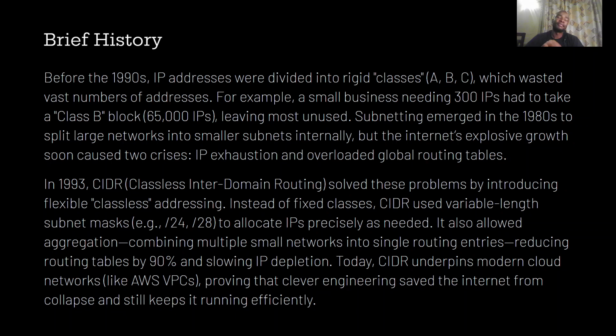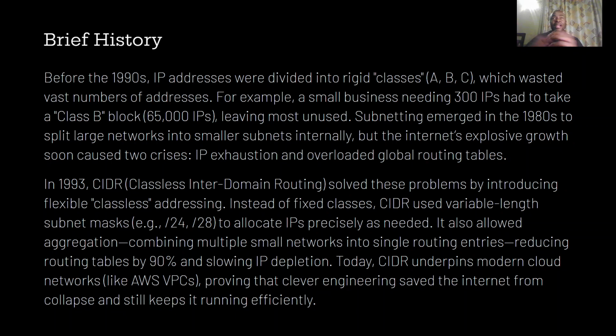As the internet continued to grow, we, meaning the older people in our generation, saw that these IPs were getting used up, and decided to come up with what we now call CIDR, or classless interdomain routing.